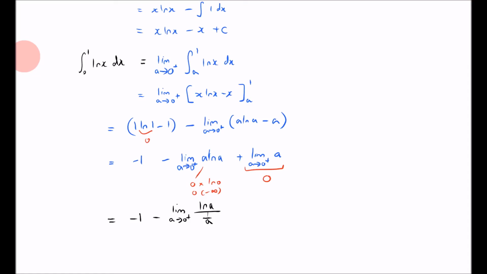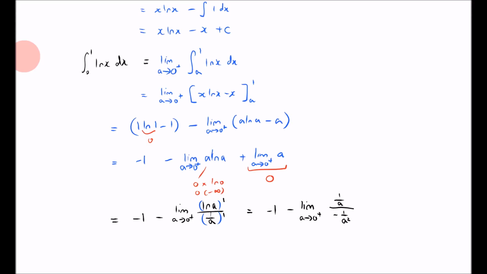So with this we have a fraction. In this way we can use the L'Hopital rule. So we have to differentiate, right? So we just put a prime here first. So it becomes minus 1 minus limit as a approaches 0 plus. Differentiate ln a is 1 over a. Differentiate 1 over a is minus 1 over a squared. Okay, it's similar to what we did in the previous lesson.